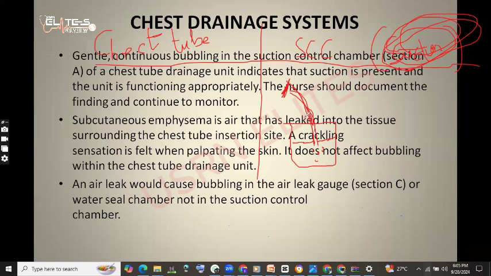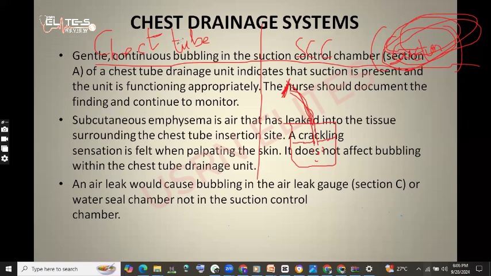Remember the chest tube sits inside the pleural space, the part between your visceral pleura and the parietal pleura. Most of the time, that's where this chest tube sits. So maybe you have a pneumothorax or hemopneumothorax or hemothorax, whichever. Whatever that is, it should not be there, and we have to drain it out.